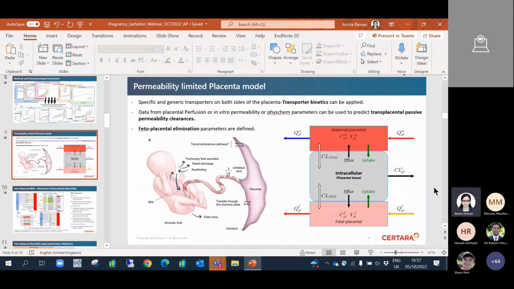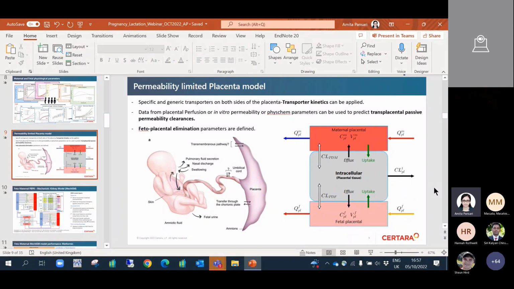There are some data available that looked into the changes in the overall transporter level at different trimesters. I think there's one from a group, and we looked into that, but there's not enough data for us to utilize and provide a proper ontogeny function. So we'll be looking into some more data to derive ontogeny and provide it in the simulator.